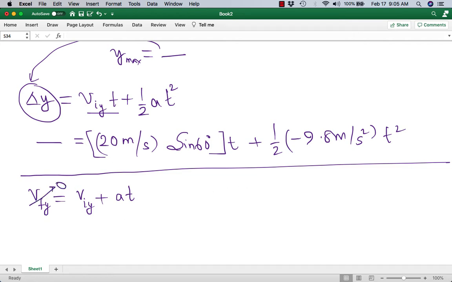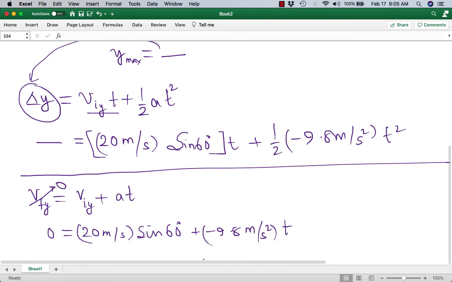At the maximum height we have 0 velocity, and then viy is 20 meters per second sine 60 degrees, plus a is negative 9.8 meters per second squared, and then t is unknown. So now everything is known except t, so you solve this for t. That will give you the time for the maximum height.